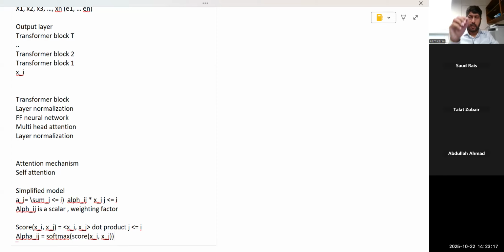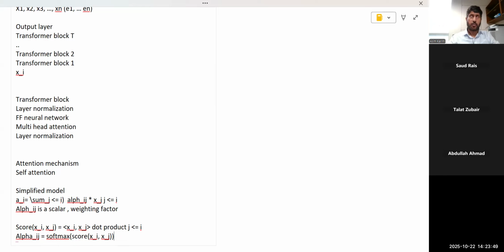So for example, the dot product of xi with xi will be the highest because it is the same vector. Okay, and xi with any other vector will have some other dot product. All of these values would go through a softmax and give you a probability distribution over them that sums to 1. So obviously alpha ii would be the highest value, but other words would also have some value depending on the value of the dot product.